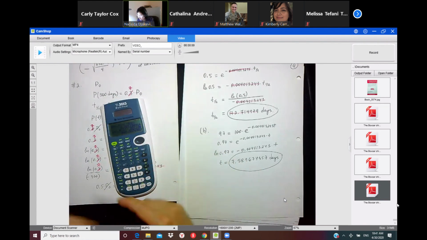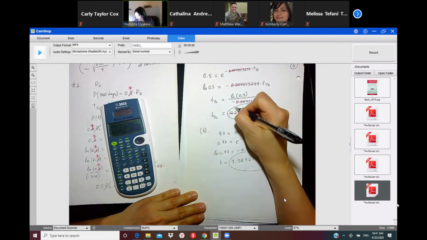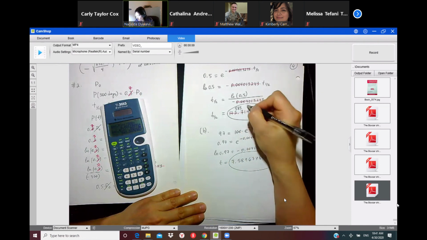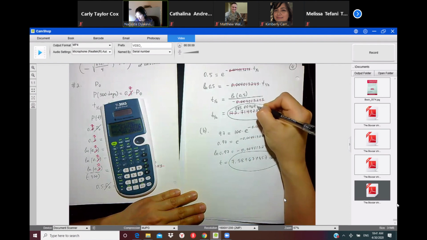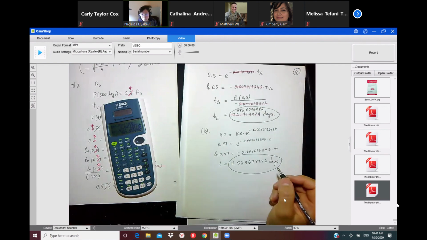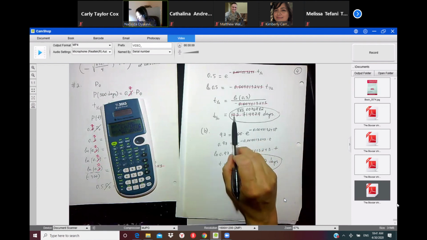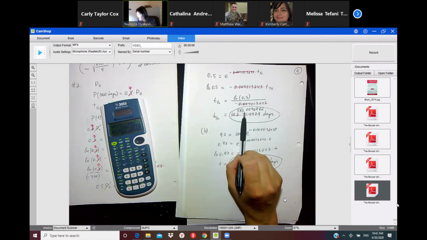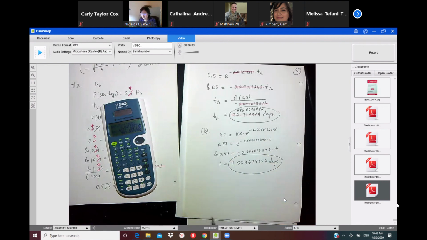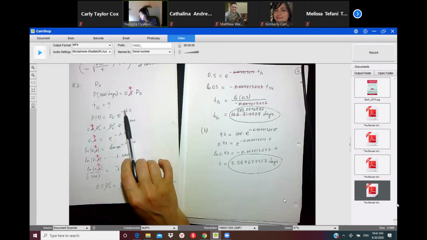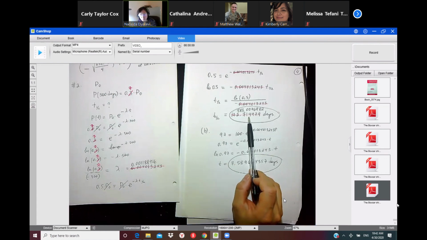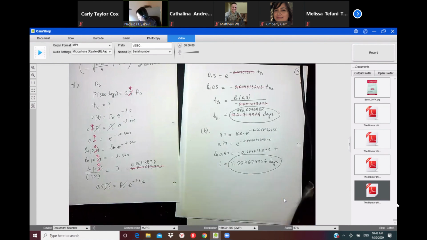And the number of days that I'm getting here is 583.0076982. So this is the number I'm getting for half-life. So it would take about this many days to get 50% of the substance. Any questions here?